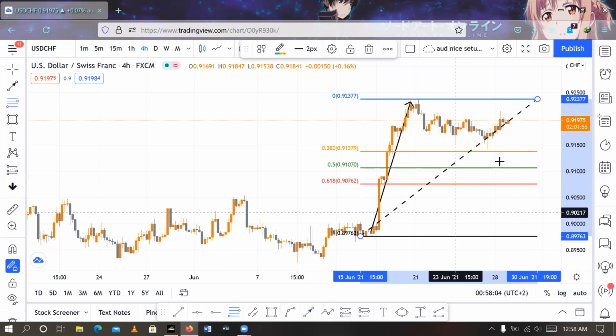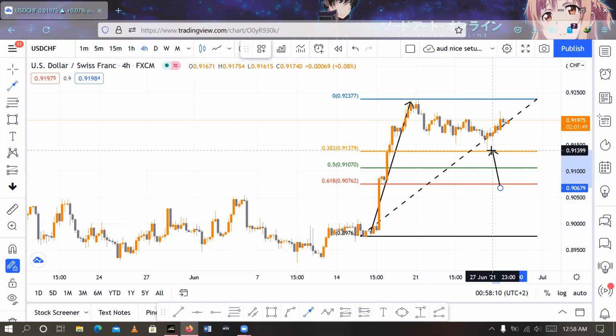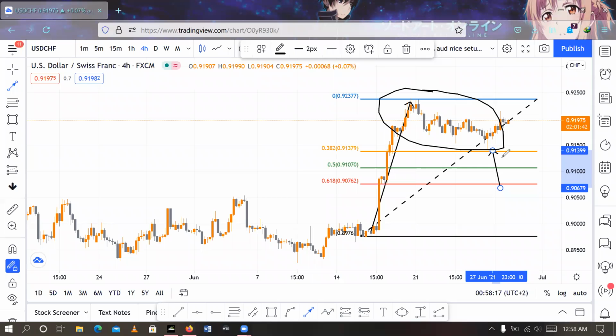We then got a slight touch here on the 32.8 retracement level, right? Showing us that this corrective move has actually exhausted its selling power to the downside, right? So now we had to look for a tradable opportunity to buy to the upside, right?